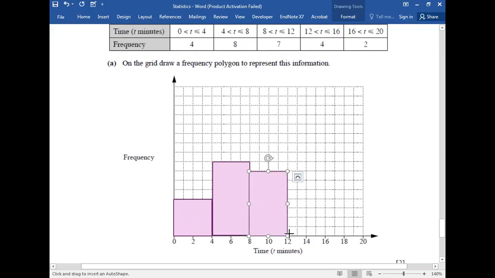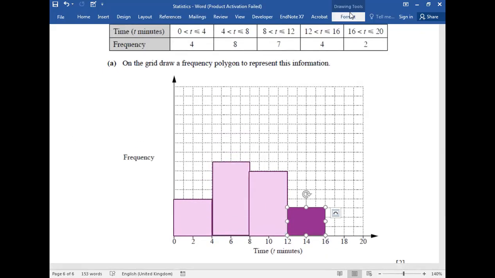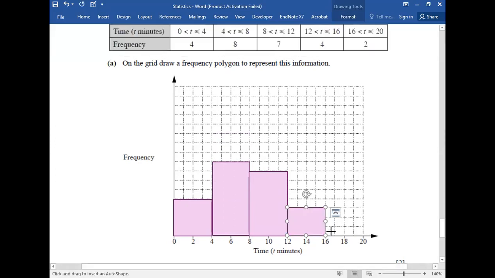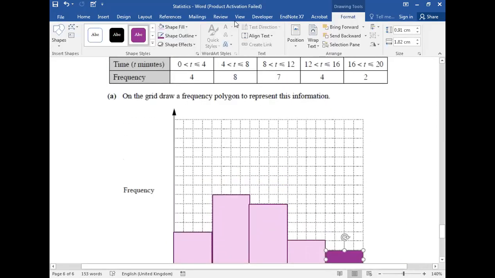And then again the frequency is 4. And then from 16 to 20, the frequency is 2. Let me correct the previous one. This is my 3, पे बना दिया पिछली बार. Just rectify that.